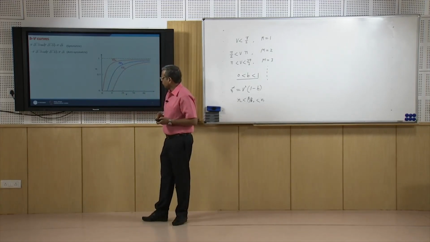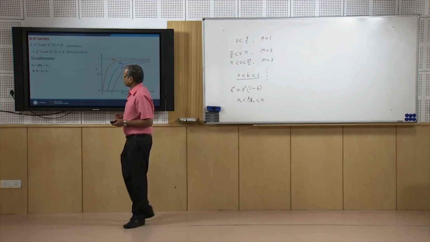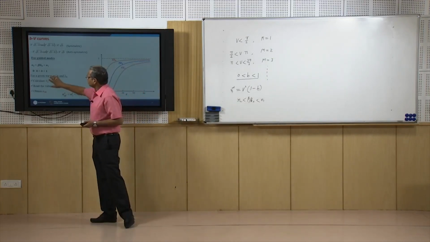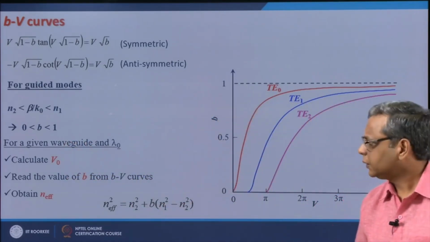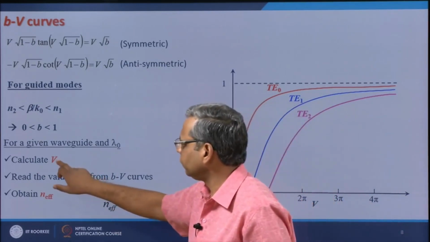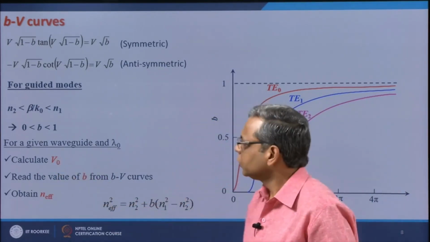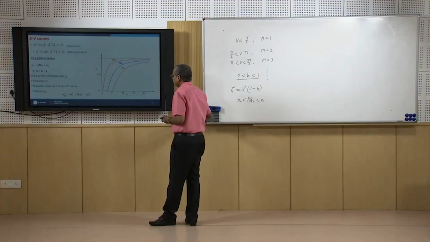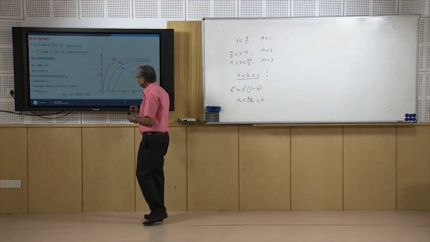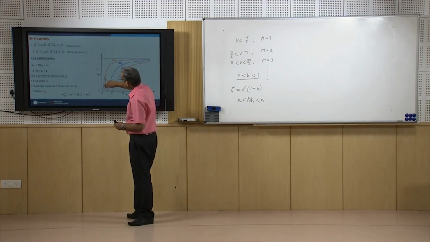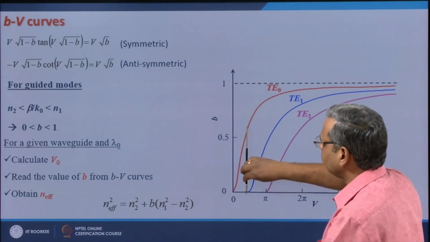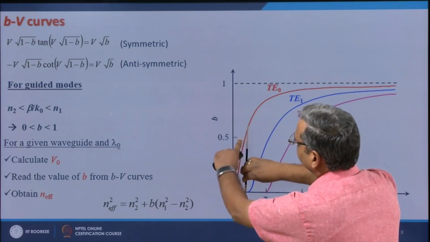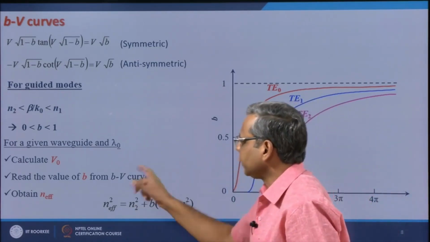Now, what can I do using these curves? If there is a given waveguide and wavelength, then I simply calculate the value of V. I just calculate the value of V, and then I go to these curves and read the value of B corresponding to that value of V. For example, if let us say V is equal to 1.4, then I draw a vertical line corresponding to V is equal to 1.4 and read the value of B corresponding to this from the BV curves.